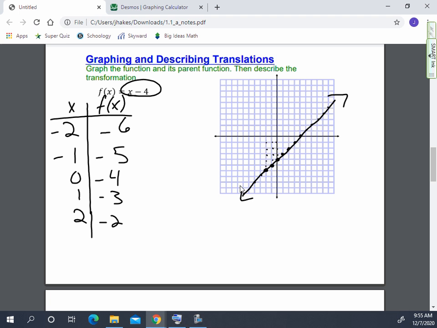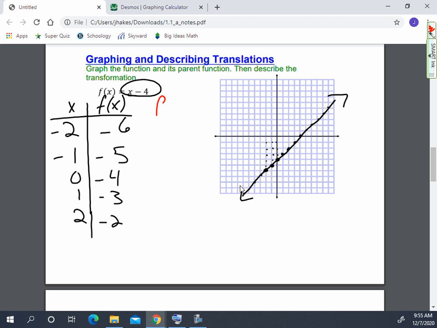Okay? What's our parent function? Well, we don't have any absolute value. We don't have a square, the number 2. Well, our parent function here is just f of x equals x.